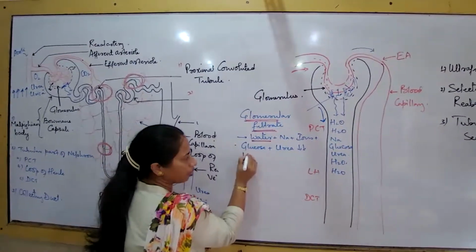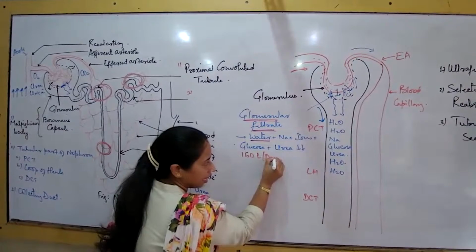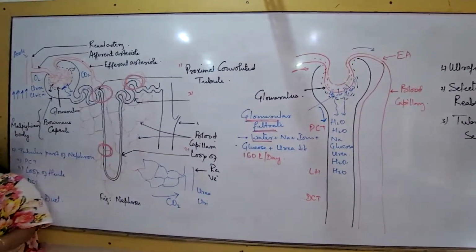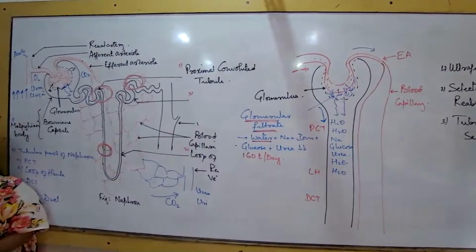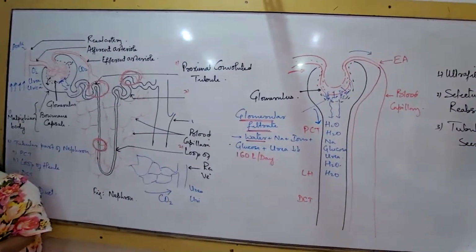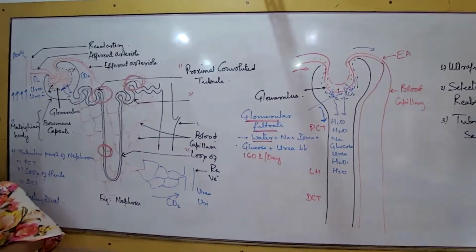How much glomerular filtrate is produced per day? In 24 hours, 160 liters of glomerular filtrate is produced every day. It can be even more, 160 to 180 liters.